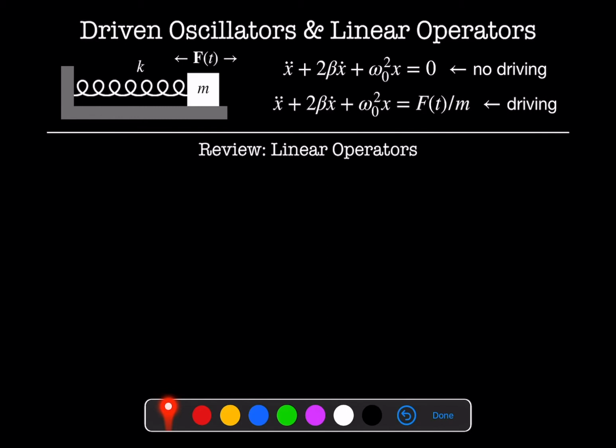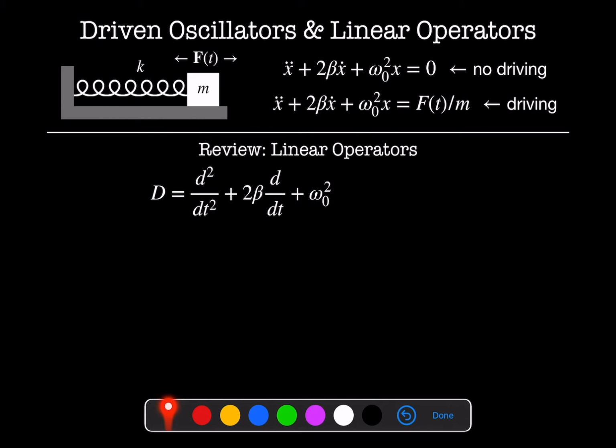When I talk about an operator, this is in our case the differential operator for the driven oscillator. What I've basically done is I've pulled out all of the derivatives and all of the constants from this.